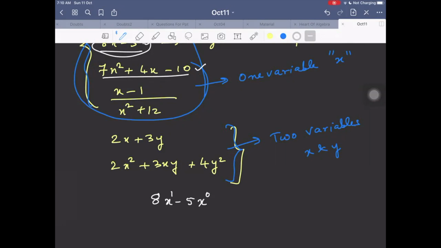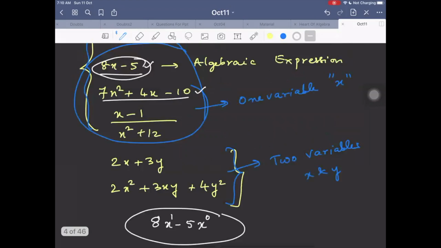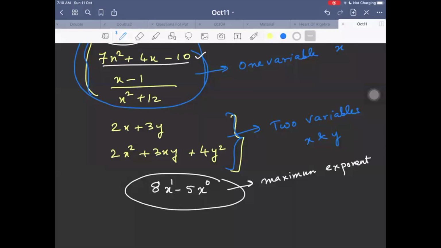Cool. So in the first expression we are talking about, the maximum exponent of x is 1, right? You have x to the 0, you have x to the 1. And the maximum exponent that is happening is x to the 1.